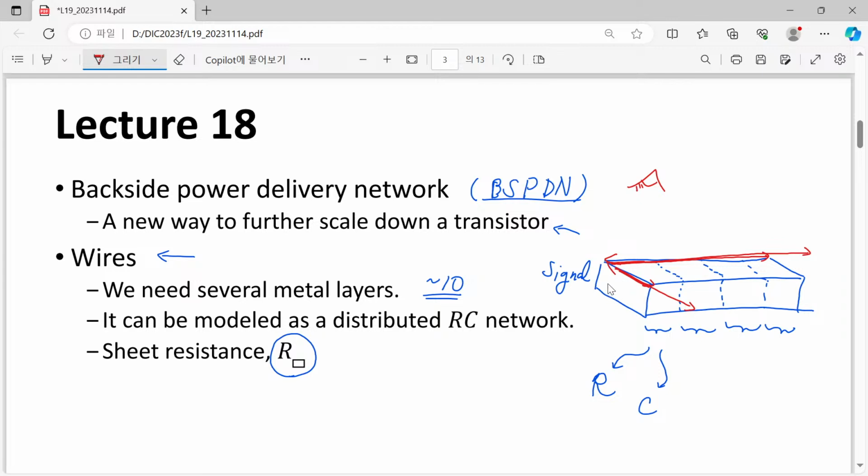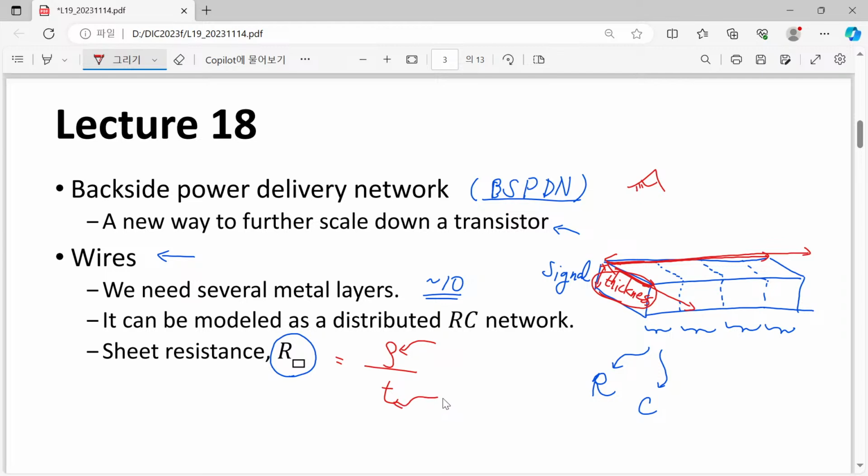However, one thing they cannot change in this technology is the thickness of the metal wire, because this quantity is given by the technology. In the sheet resistance, we have the bulk resistance and the thickness of our metal wire.